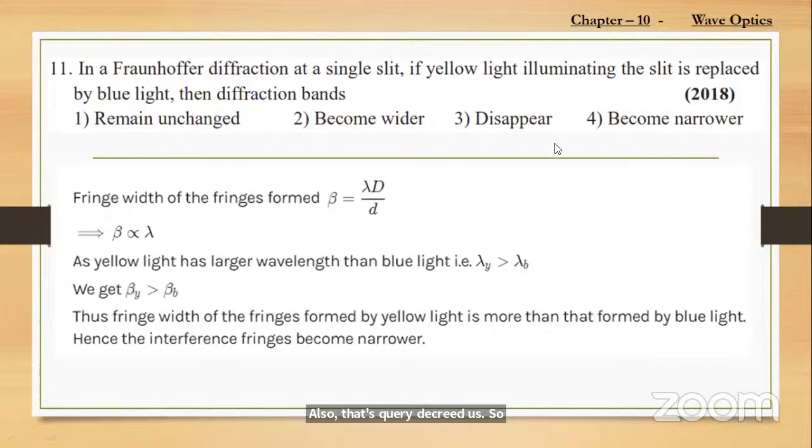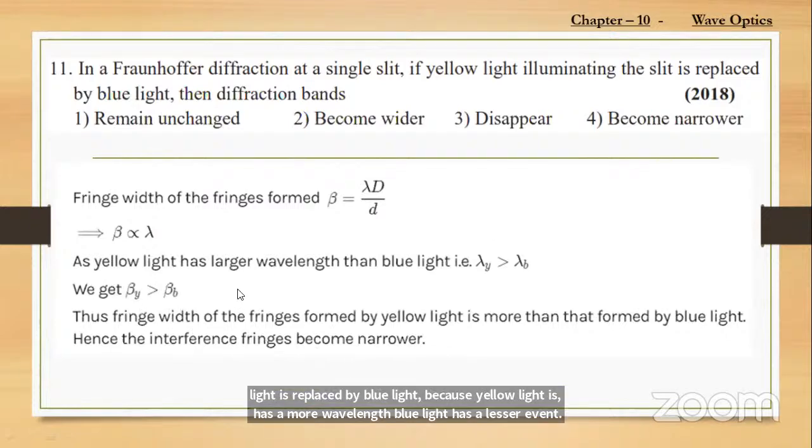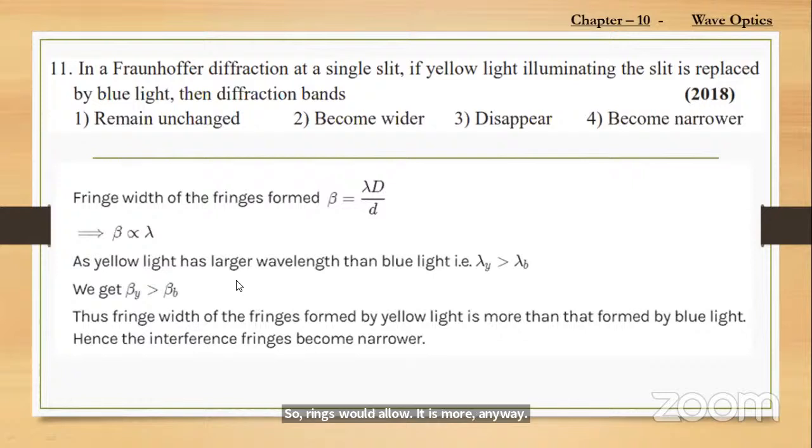In interference pattern and diffraction pattern, if yellow light is replaced by blue light, because yellow light has more wavelength and blue light has lesser wavelength, the fringe width of yellow light is more and in blue light is lesser. So it decreases, becomes narrow. Narrow means it becomes closer to each other.